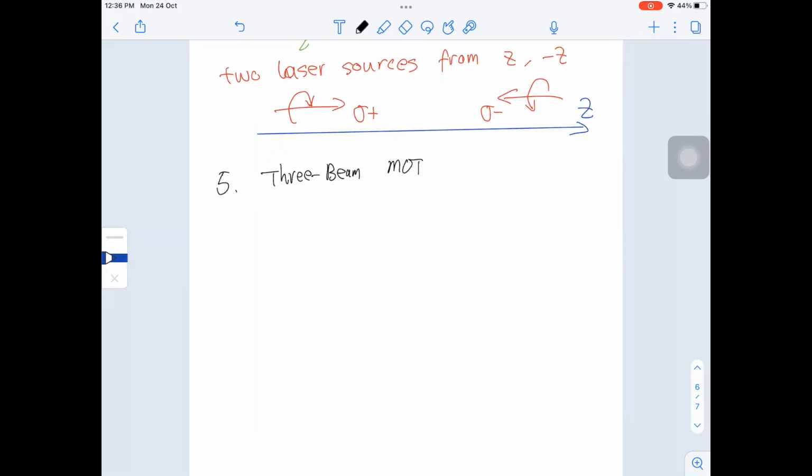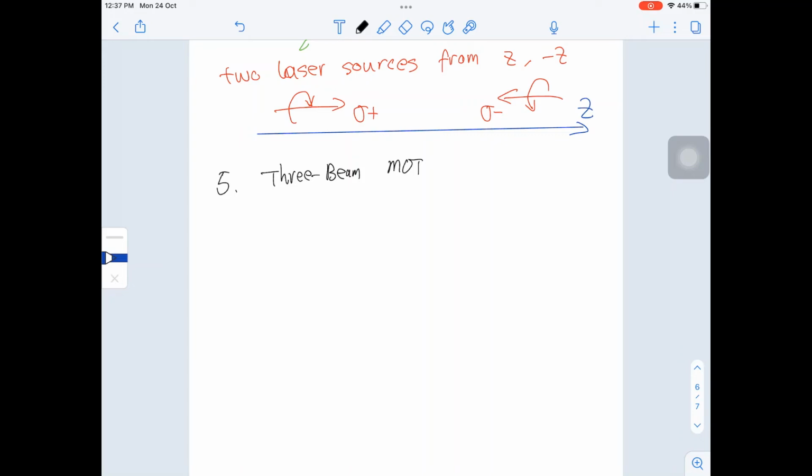Okay, when it comes to the 3 beams where we need to use retroreflection mirrors, I would like to talk about how the light polarization is affected by the mirrors.